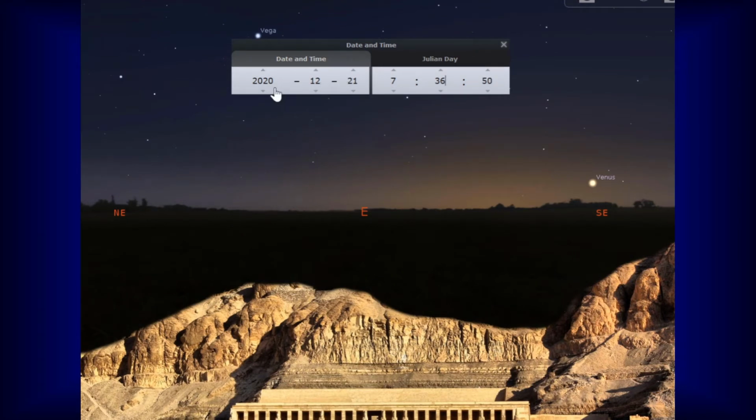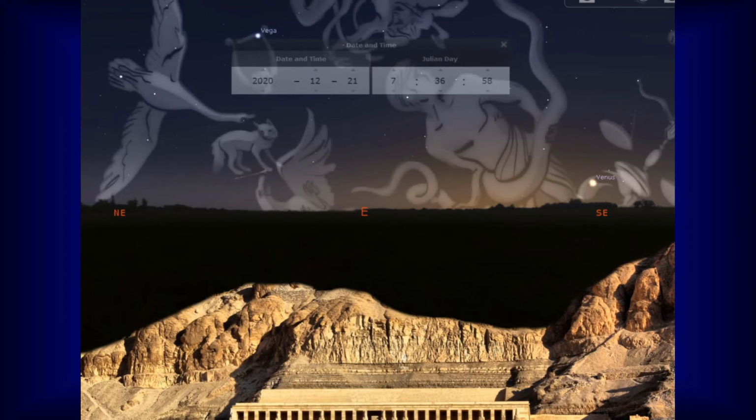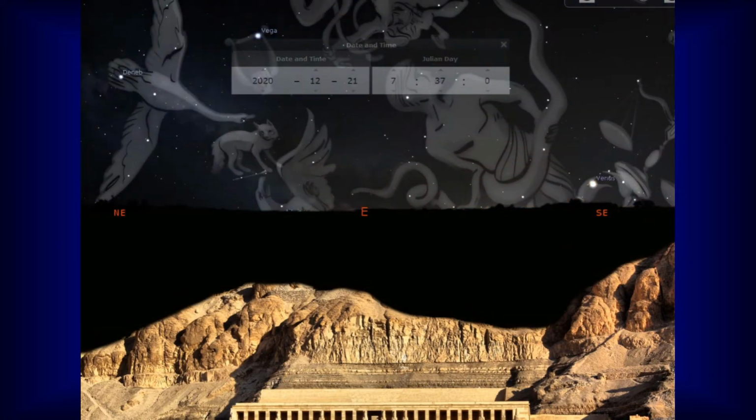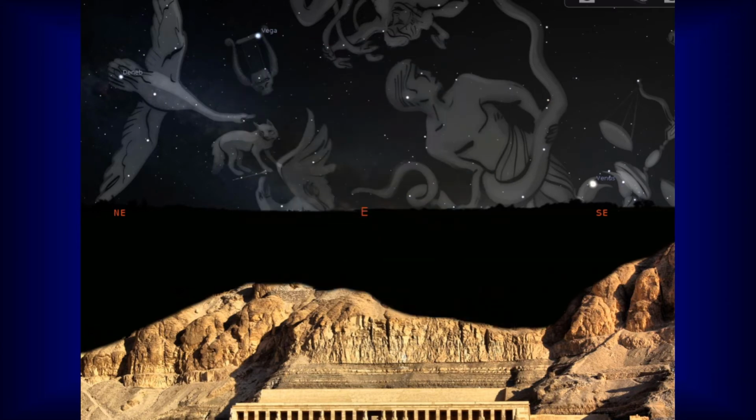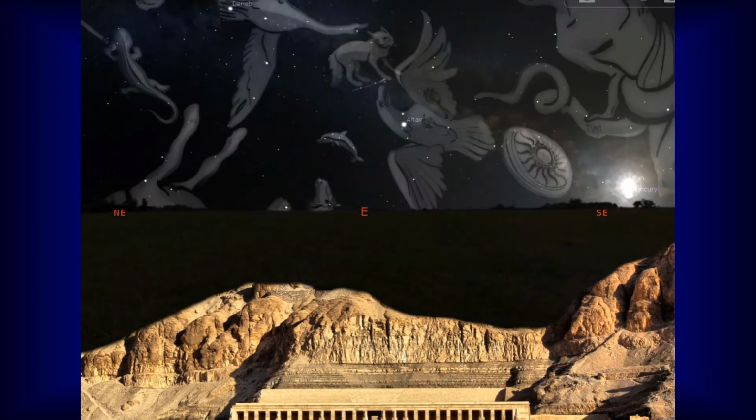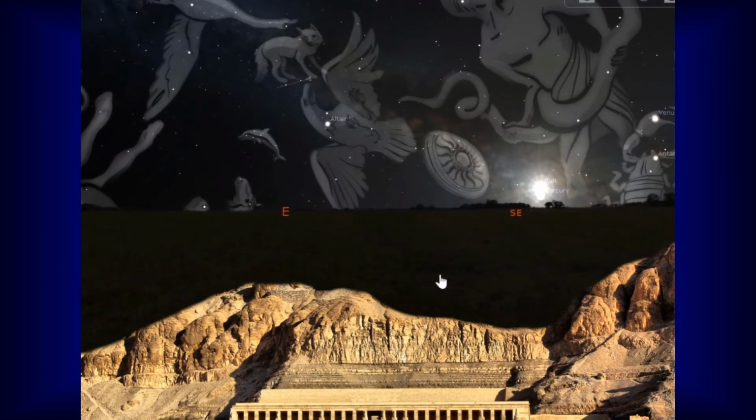This is the winter solstice, the 21st of December, early morning, and you can see that is when the sun comes up most towards the southern from the east, and after which it will travel again towards the north. And that's the time.